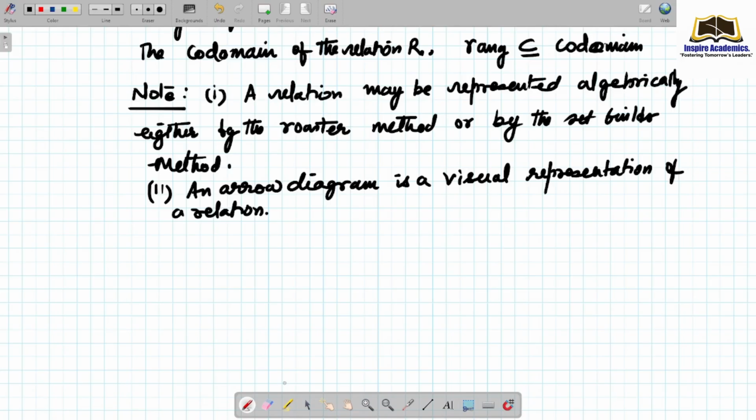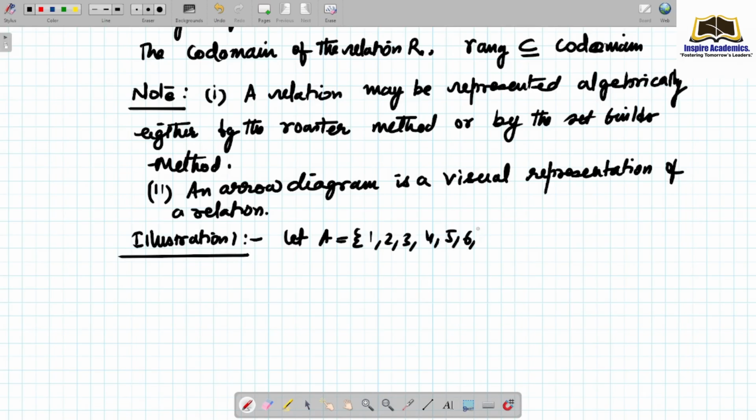We will understand all these definitions through some illustrations. Let us take illustration 1. Let A be 1, 2, 3, 4, 5, 6. Define a relation R from A to A. It's very important to read the question carefully.